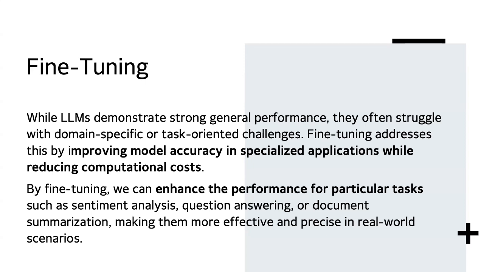But fine-tuning addresses this by improving model accuracy in specialized applications while reducing computational cost. By fine-tuning, we can enhance the performance for particular tasks such as sentiment analysis, question answering, or document summarization, making them more effective and precise in real-world scenarios.